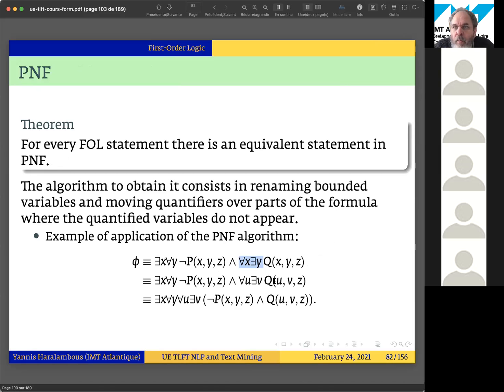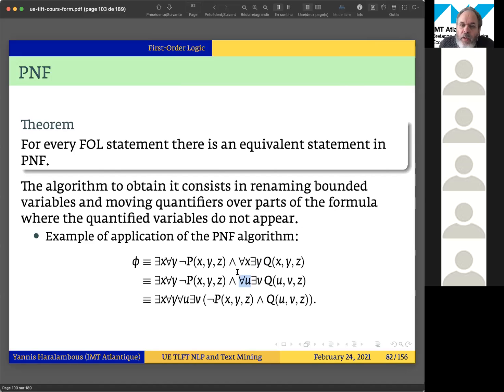The algorithm says whenever my variables are quantified, it means they are bound. And if they are bound, I can change their names. So here, this x is not the same x as that one, in the sense that here is a quantifier for this x, and here is a quantifier for that x. So I can rename this x and this y into, for example, u and v.